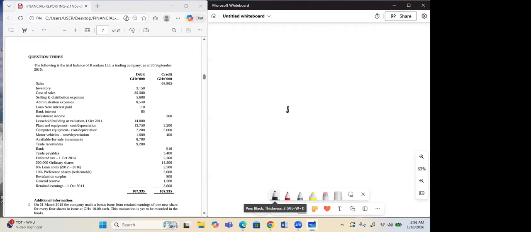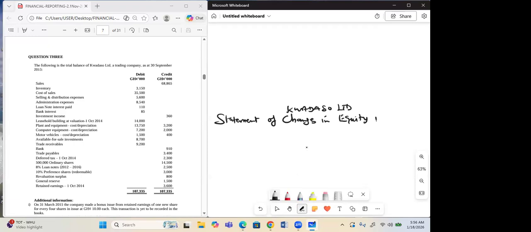Title it Kwadaso Limited, statement of changes in equity for the year ended 30th September 2015.